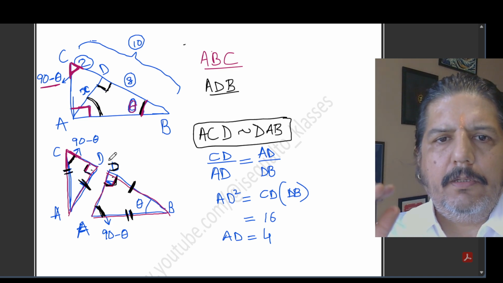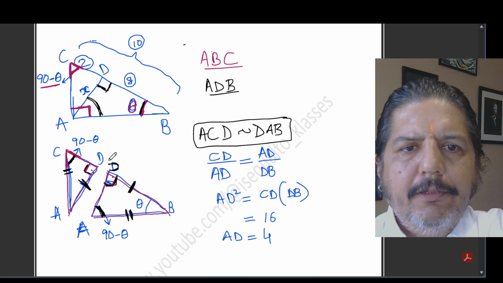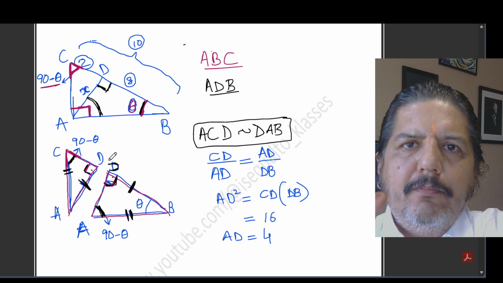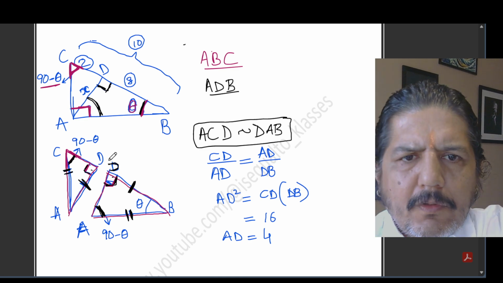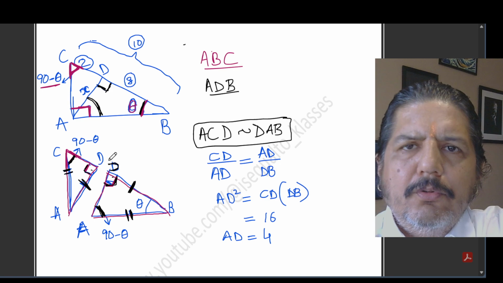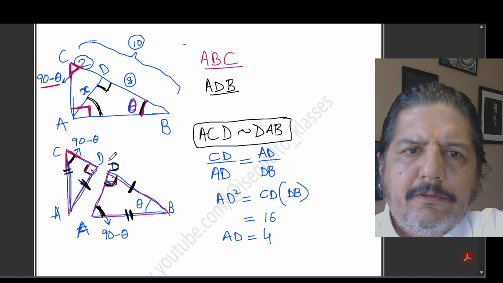And this is what I suggest. See, similar triangles is a pretty easy topic. All that you need to focus upon is once you have marked the equal angles and the corresponding sides properly, there is a very low chance of you either making a mistake or losing any marks.